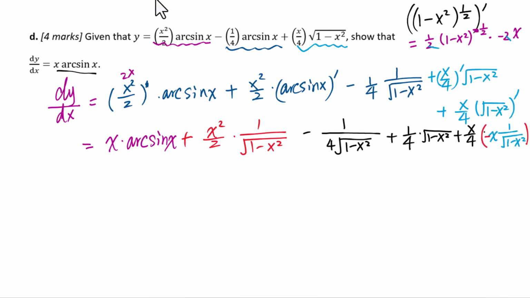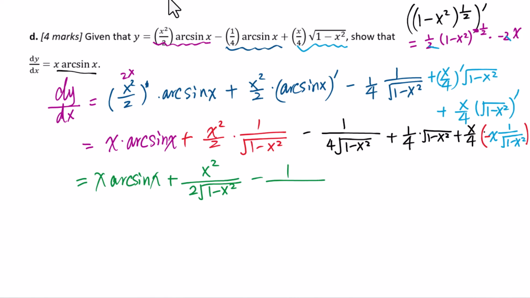So we get negative x times 1 over square root of 1 minus x squared, equals x arc sin x plus x squared over 2 square root of 1 minus x squared, minus 1 over 4 square root of 1 minus x squared, plus square root of 1 minus x squared over 4.